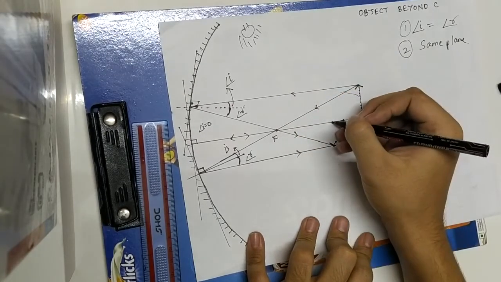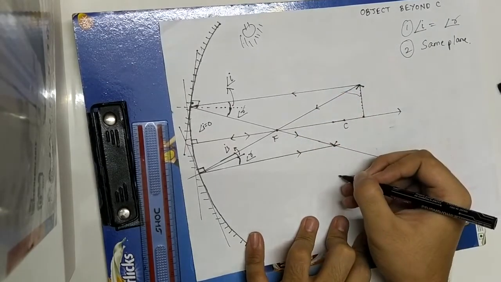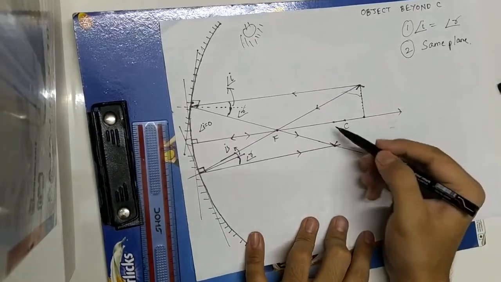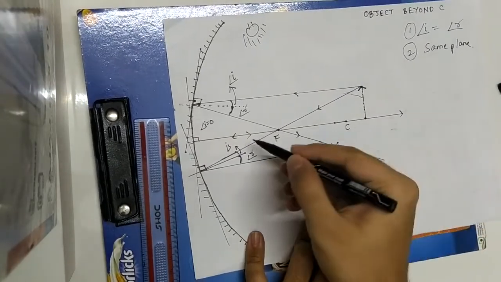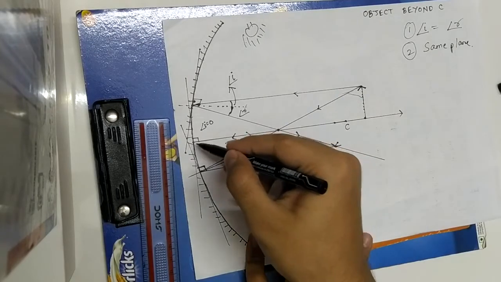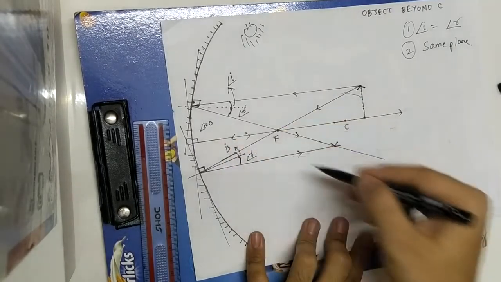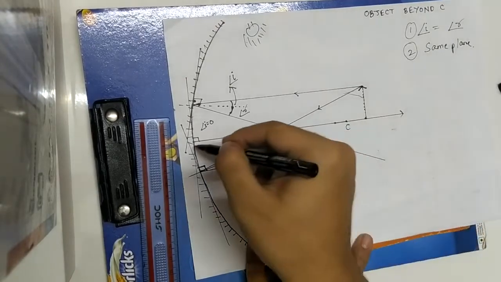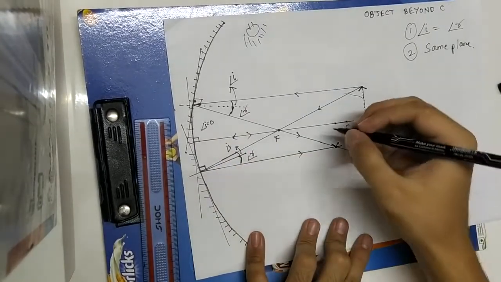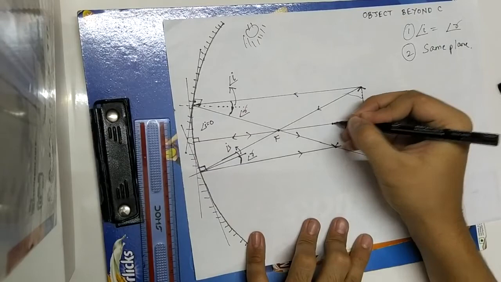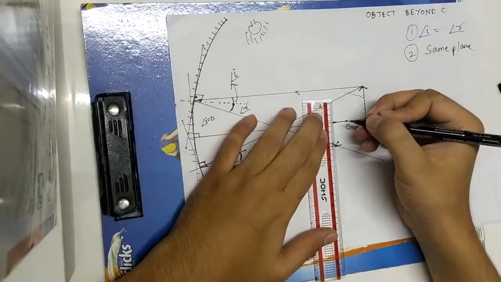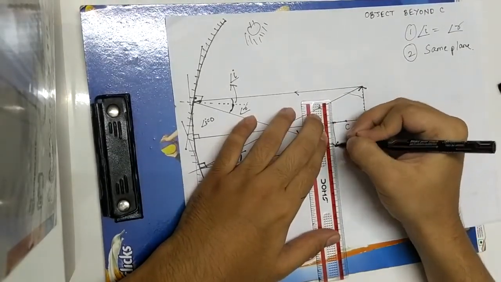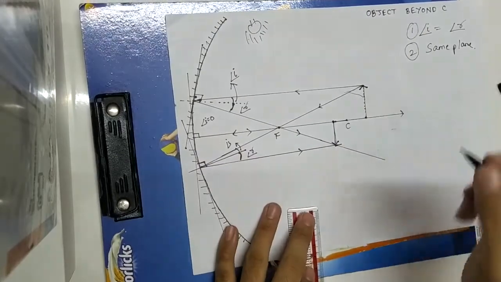It has to be either here or here. To know which, we have drawn a ray of light. If that ray would have come here, then we would have known that the bottom is actually here. But the ray doesn't come like that. It comes back because the angle of incidence is 0. So we know that the bottom is here. Now let us join these 2 points. So this is the image.